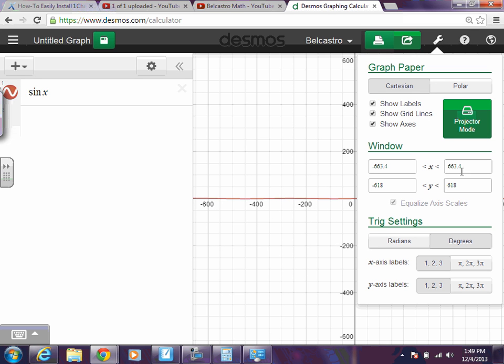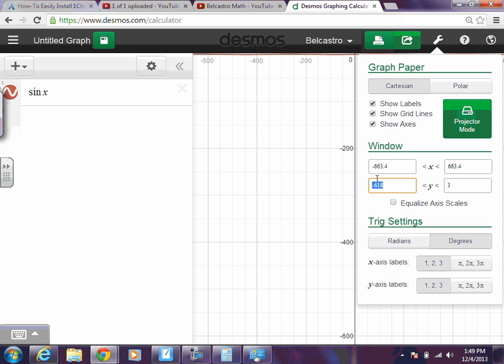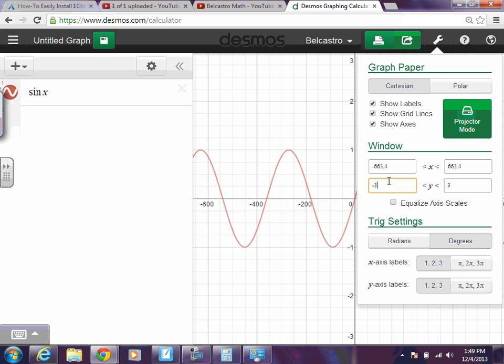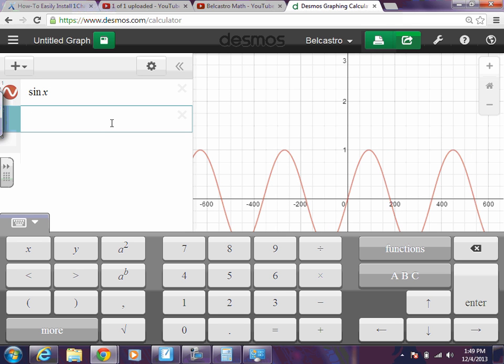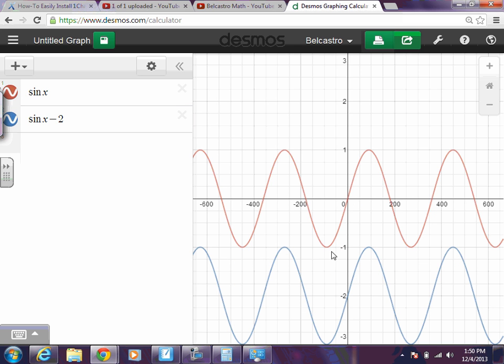X between, and then the y will be between 3 and negative 3. There we go. Okay, so there's our sine wave, right? It crosses at 180 and has a peak at 90. This is all in degrees. If I were to put negative 2 at the end of this, we would have the same sine wave, but it'd be shifted down 2 units.